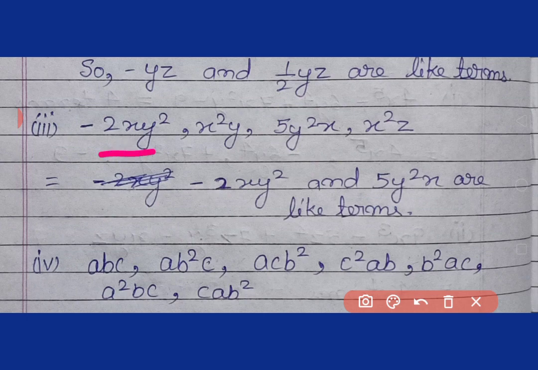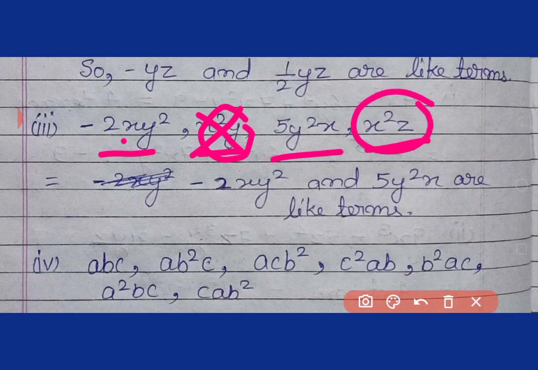And here in the next question, a little bit of difficulty is given. -2xy², x²y, 5y², x²z. Firstly we have to check x is given, x is here, x² is given, so it can't be a like term. But x² is given here also, so it also can't be a like term.